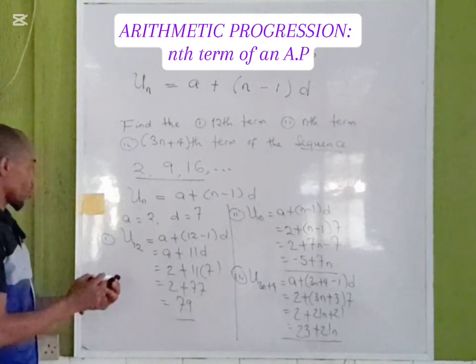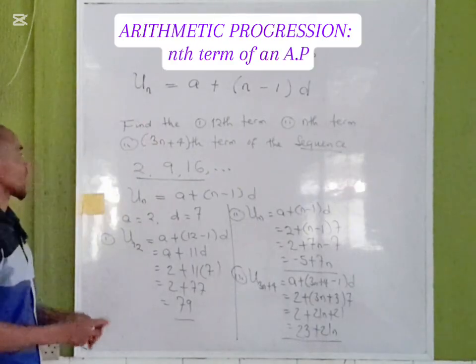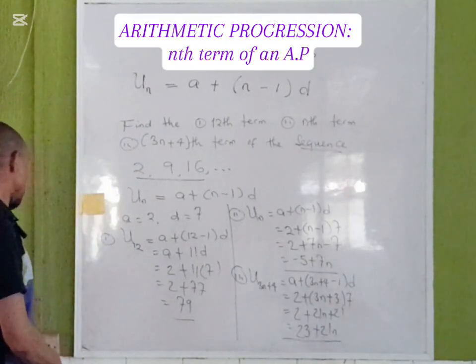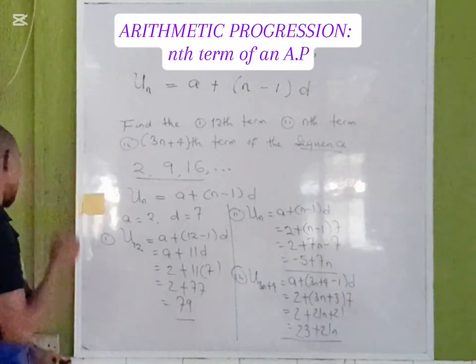So basically, what you have there is using the formula for the nth term of an AP. So let's take one more question to see how this formula is applied.